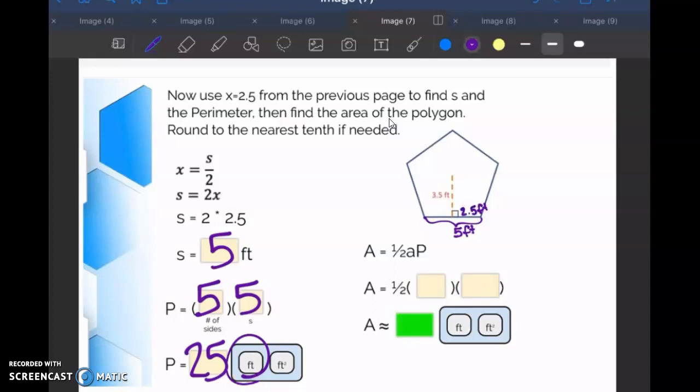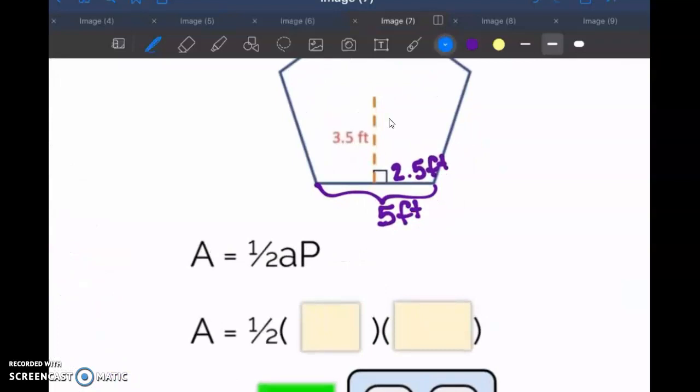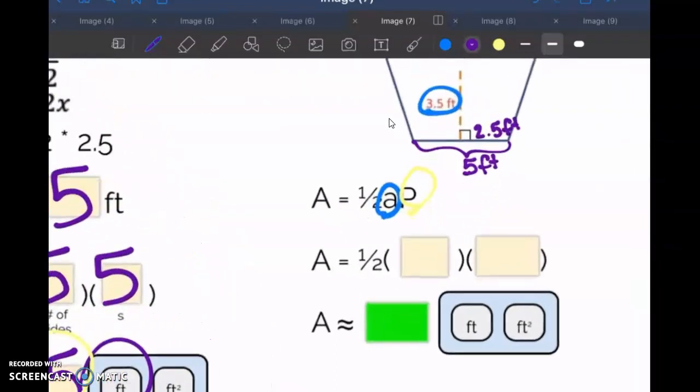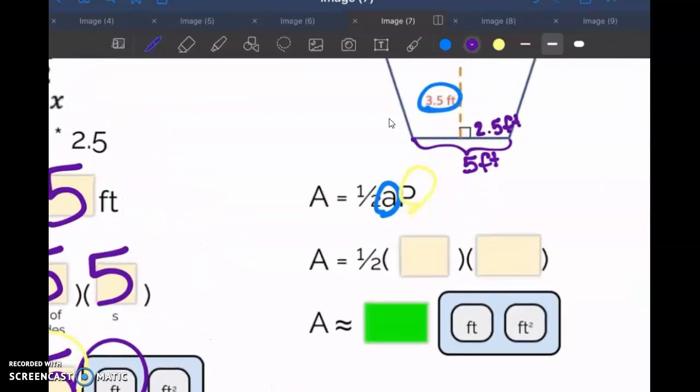Now I believe we have everything we need. Do we have our apothem? Yeah, they gave it to us. Do we have our perimeter? Yep, we just found it. So we have all the things we need to find the area of this pentagon.